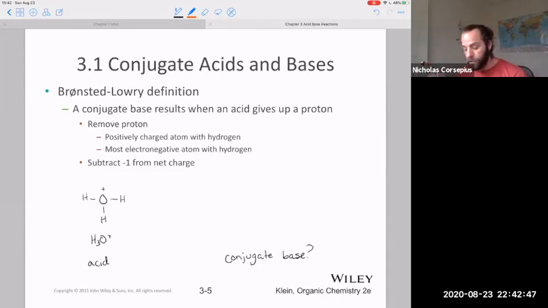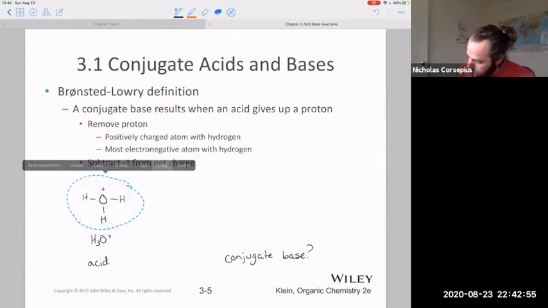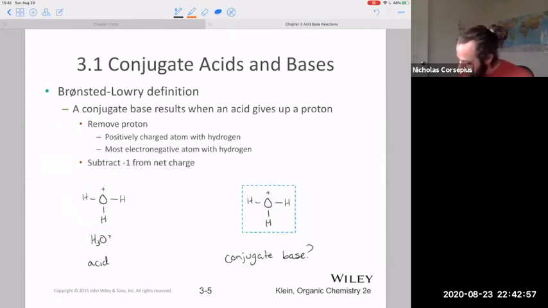So in this example here, my oxygen has a positive charge. That means that one of these hydrogens is going to be the one being donated. Again, kind of a simple example because they're all the same, but nonetheless, that means I'm going to get rid of that hydrogen to make my conjugate base. Now, the only other thing that we have to watch out for is charge, right? When you're donating a proton, that means that you are losing a positive charge.